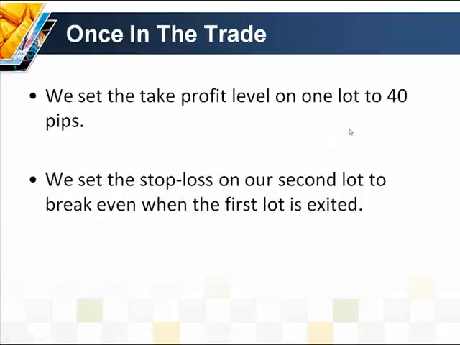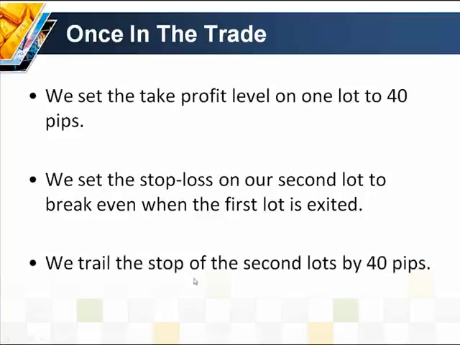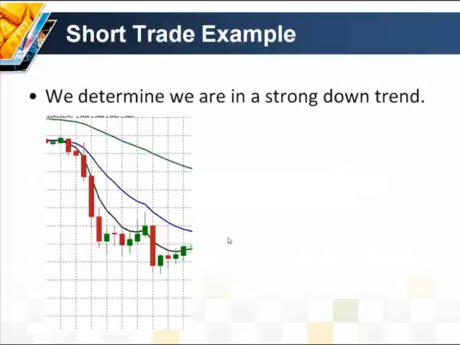Once the first lot has a 40 pip profit, we take that lot out of the trade, and at that point we move the stop loss for the second lot. We leave it in the trade. We move the stop loss to the break even point, and we trail the stop of the second lot by 40 pips.